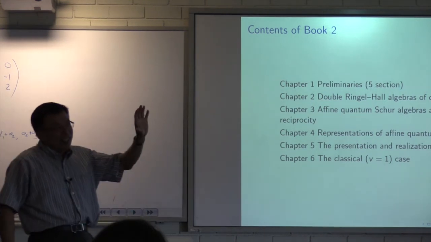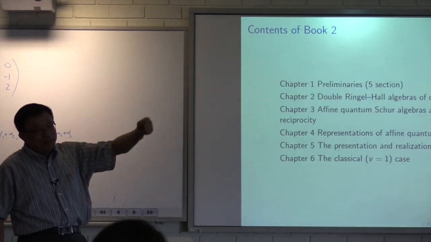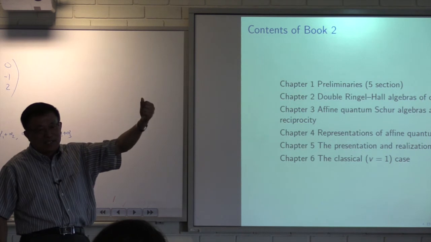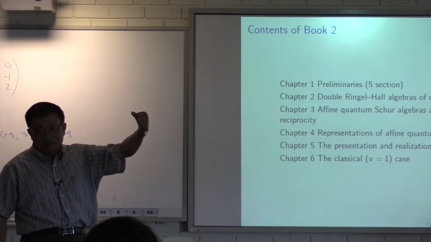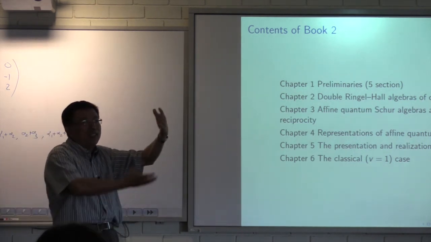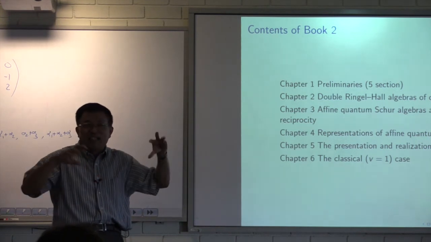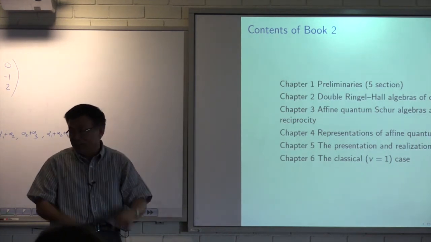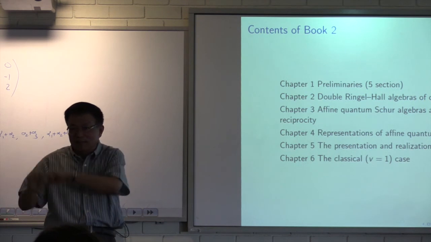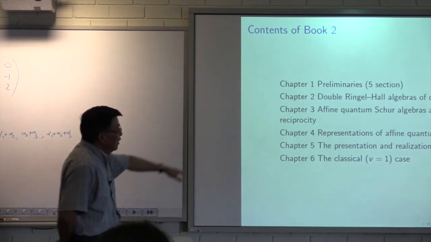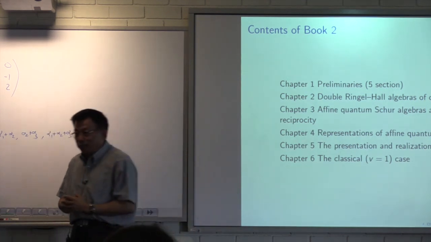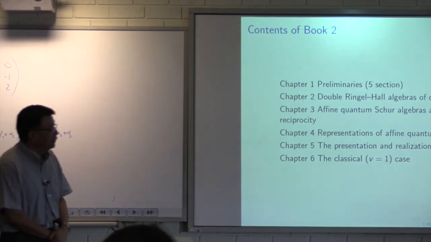On the other hand, the quantum group is defined by generators and relations. Can you get the realization? The realization means finding the basis for the algebra and explicit multiplications between, say, generators and basis elements. So that's a twin question, representation and realization, associated with Schur-Weyl theory.